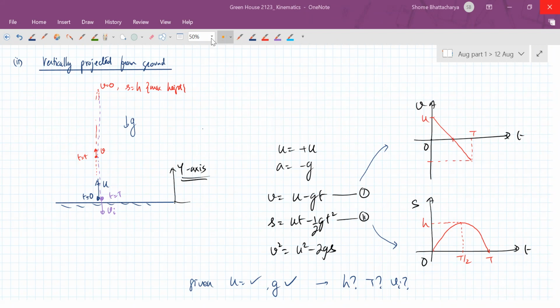Okay, so let's see how to develop the formula for these three things: the total time, the maximum height, and the impact speed.